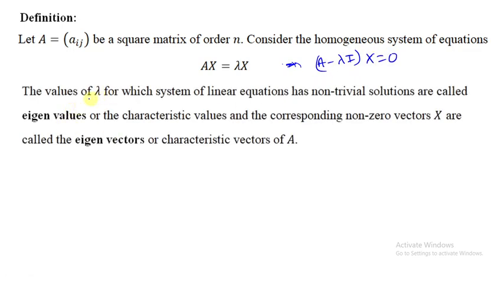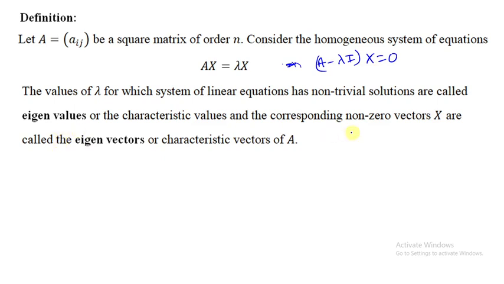The values of lambda for which the system of linear equations has non-trivial solutions are called eigenvalues, or characteristic values. And the corresponding non-zero vector, this must be a non-zero vector, are called the eigenvectors or characteristic vectors of A.